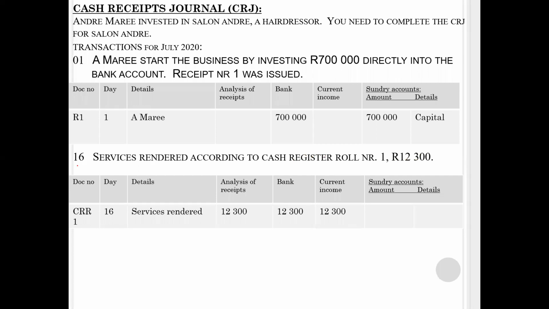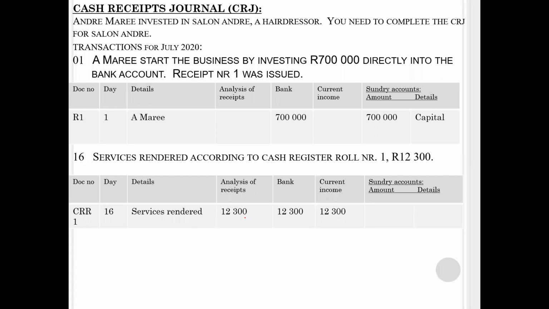So on the 16th, how are we going to write it in? On the days, the 16th, we've got the source document, CRR 1, cash register roll number 1. And remember, we're going to use CRR as the abbreviation for cash register roll. Then services rendered goes with details because there's not a name of a person in the transaction. The amount is 12,300 Rand.